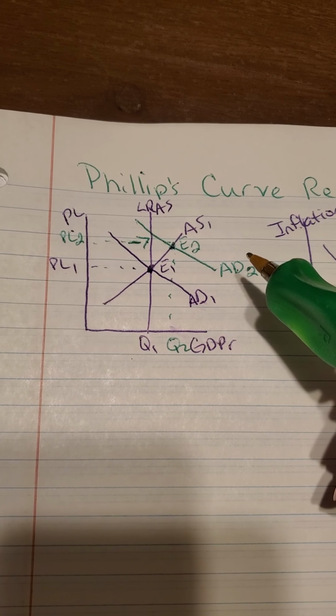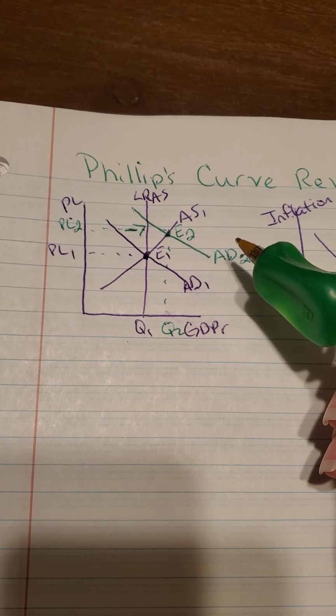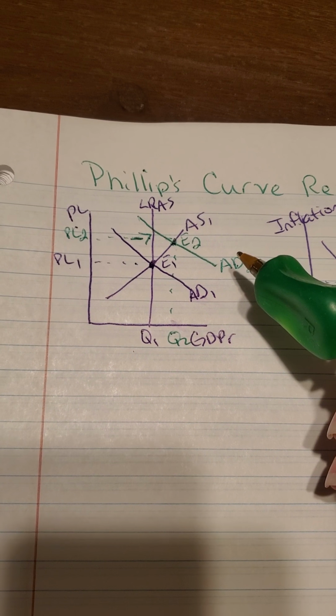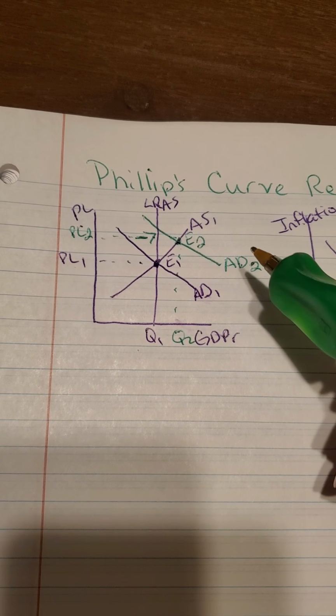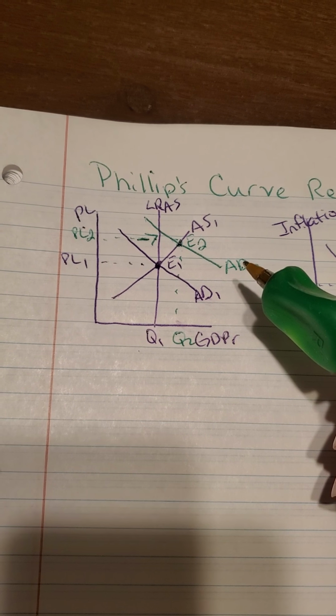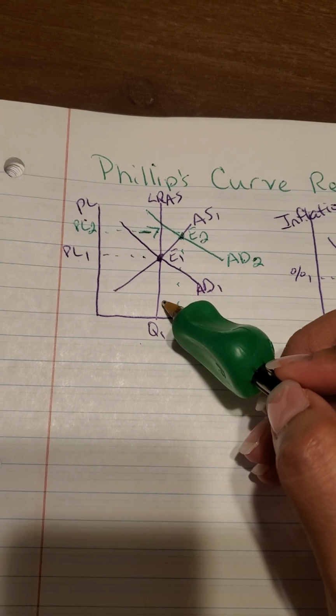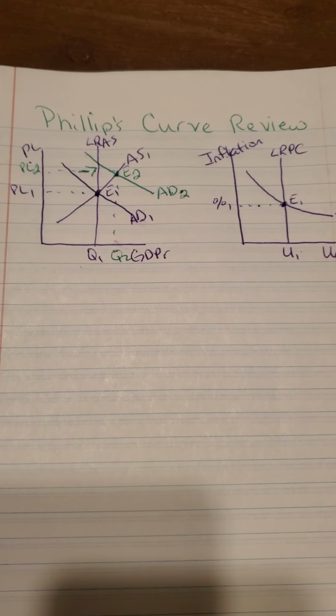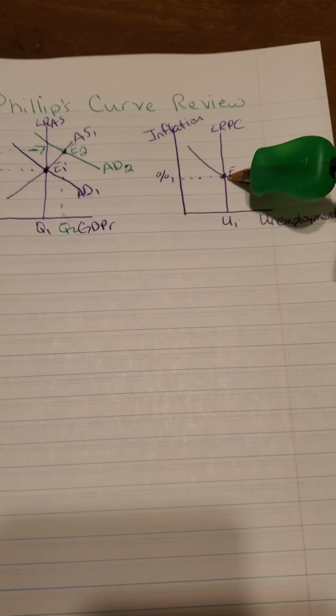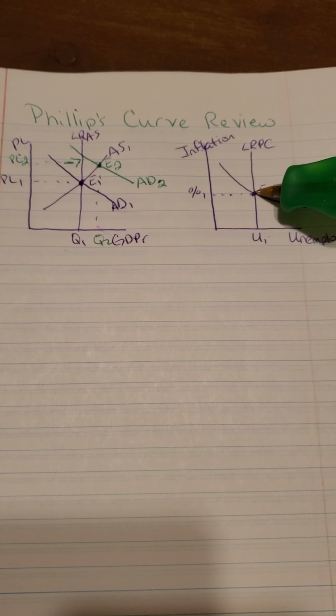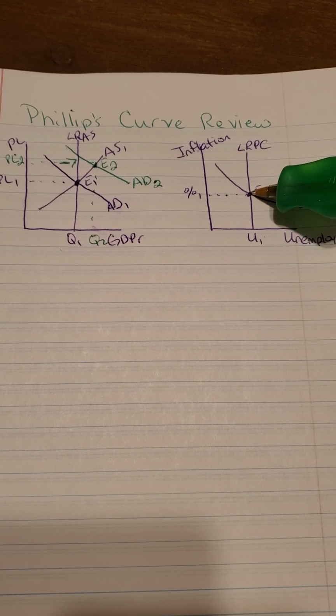So in an inflationary gap, what happened to the unemployment level? We know that the unemployment level has decreased, that our unemployment level is lower than the natural rate of unemployment. So when we move over to this graph, I just like to put my pen on the equilibrium so we can figure out where our new equilibrium will be.